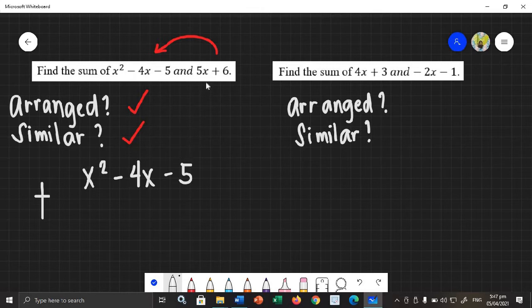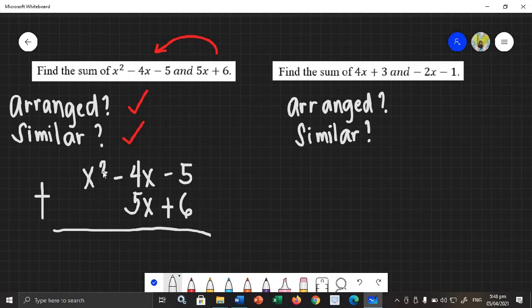Okay? So, in this case, si 5x, hindi natin siya kay x squared itatapat. Dito natin siya itatapat kay negative 4x. Kasi same sila. Sila yung same ng literal coefficient. Parehong x yung literal coefficient nila. And then, si positive 6, itatapat natin kay negative 5 kasi same sila. Pareho silang constant. Okay? So, ayan.